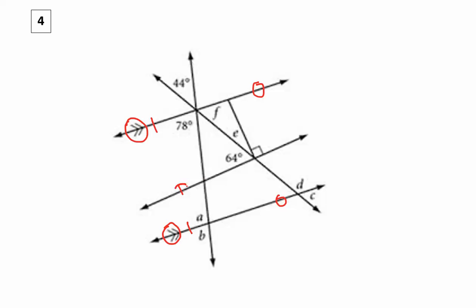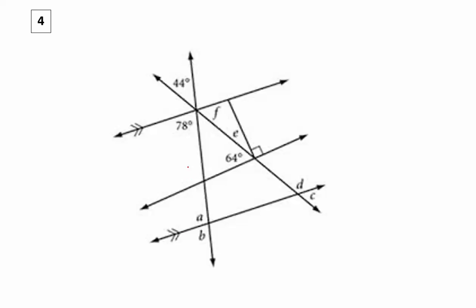This line over here is not parallel to that one or that one because there are no arrows on that line. So please don't just make that assumption that they are parallel.